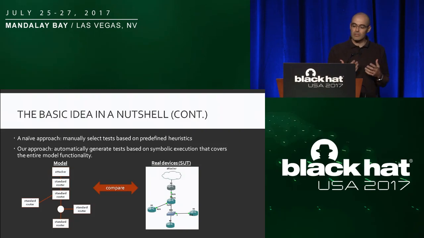So our approach here is to automatically generate tests based on a well-known procedure called symbolic execution. For those of you who are not familiar with symbolic execution, I will explain what it is in a minute. We use this procedure to produce tests that will cover the entire functionality of the network model. This will allow us to test the behavior of the routers in each and every corner case of the protocol functionality.